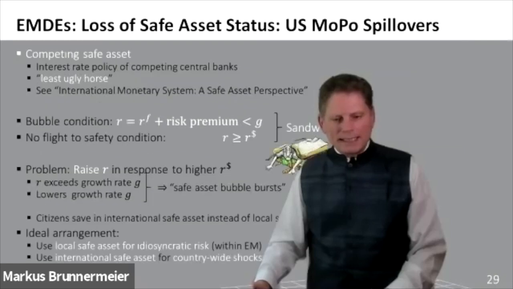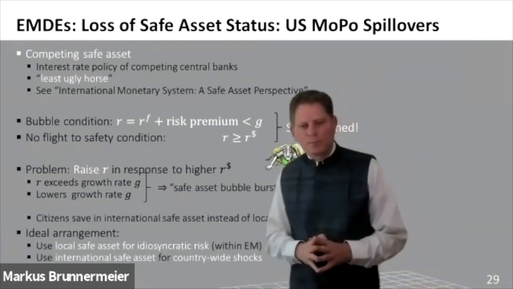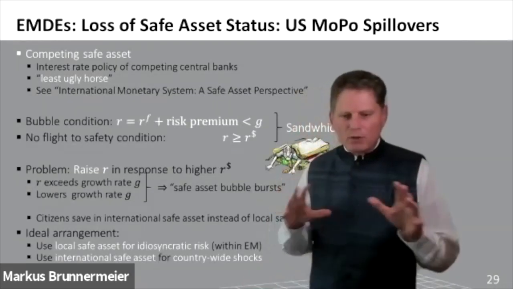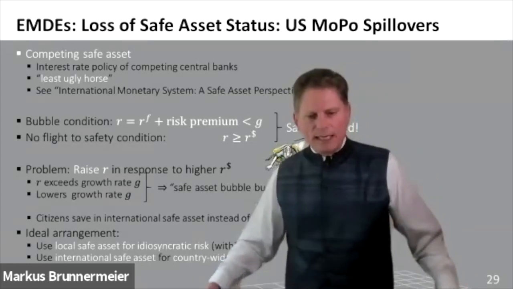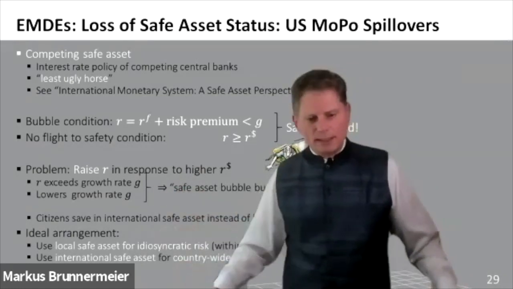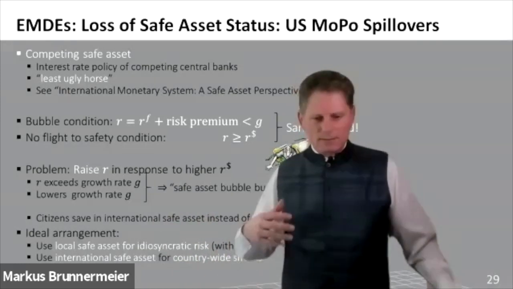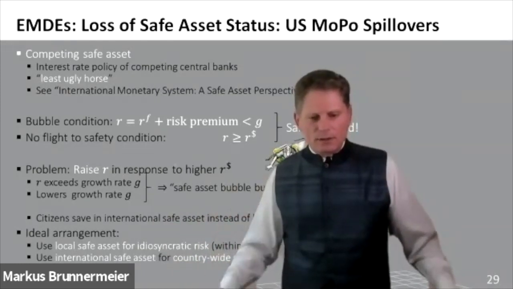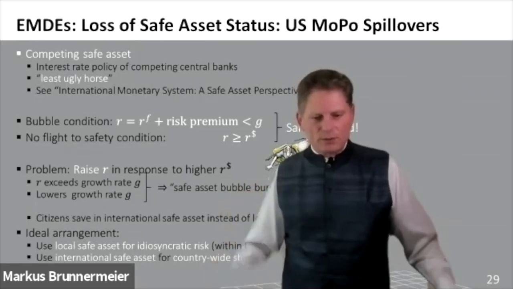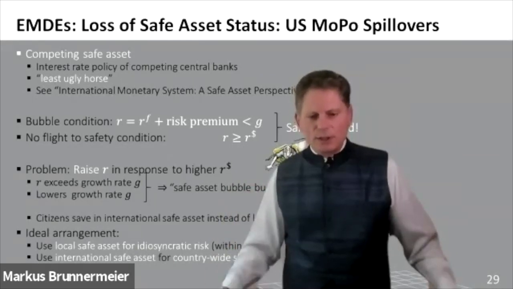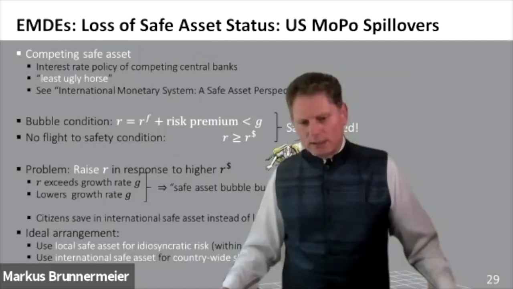Now, that leads me already to the next issue: there might be competing safe assets out there. Actually, private bonds might also compete. And as Jason Furman said earlier in the webinar series we had here, you just need to be the least ugly horse, in a sense.